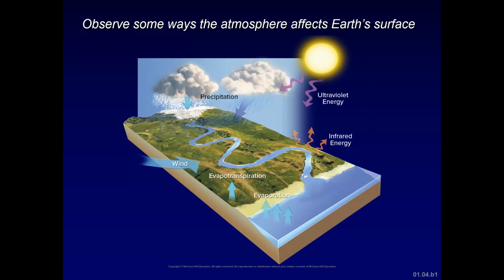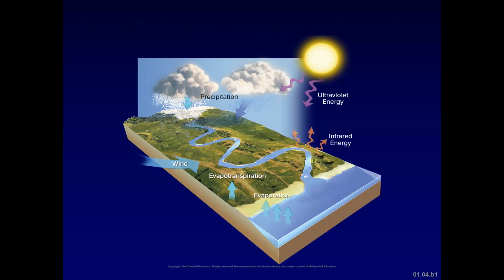Let's think more about the atmosphere, kind of in terms of the hydrologic cycle. Starting with water vapor, that can include drops of water and ice crystals. The atmosphere includes a low percentage of water vapor, most of which is evaporated from the Earth's oceans.